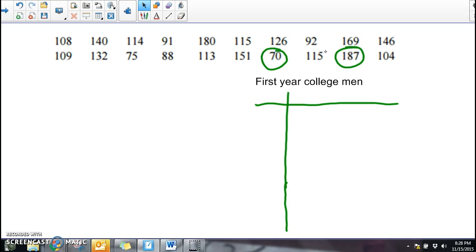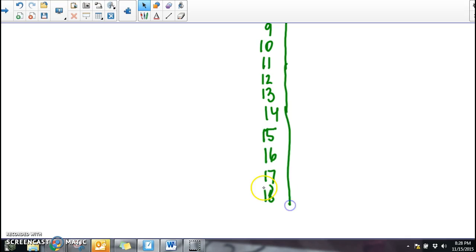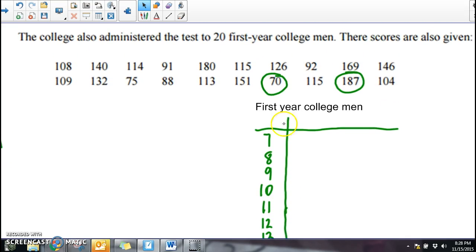So the easiest thing to do would be to start at 7, and that would be our 70s, and then 80s, 90s, 100, 110, 120, 130, and we would just go 140, 150, 160, 170, and 180. So this would be our stem, and this would be our leaf for the men.